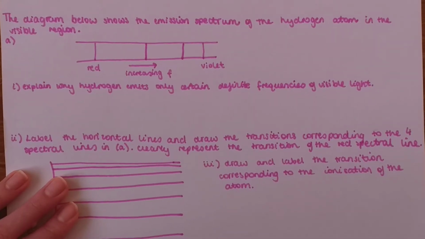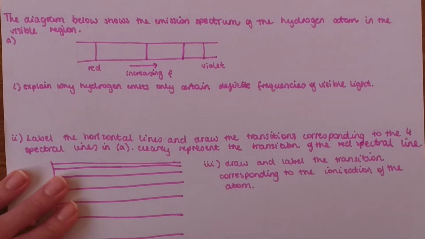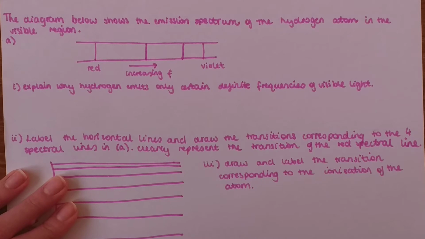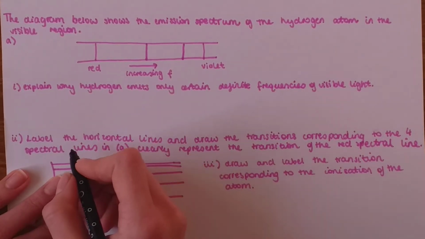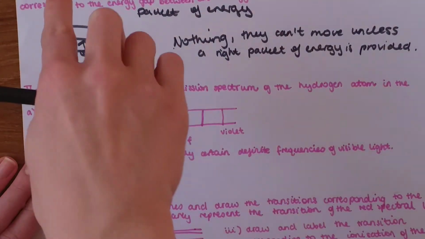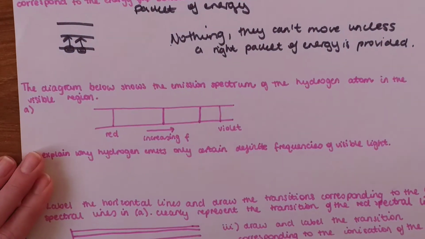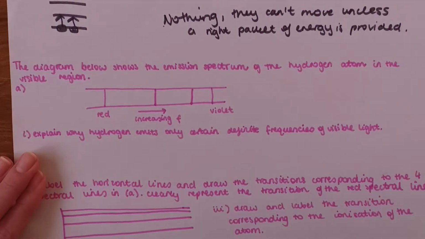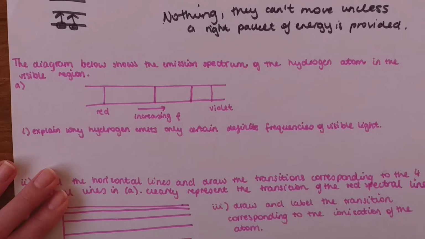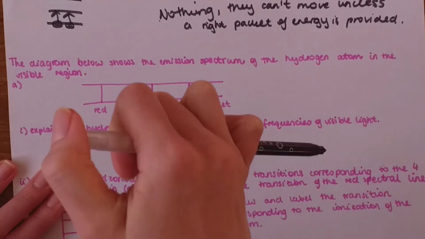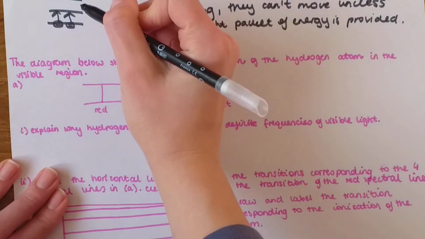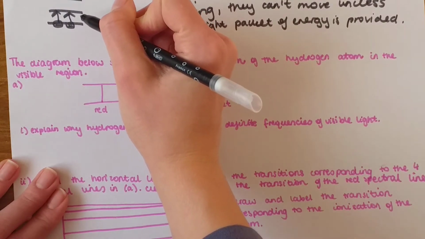So our next question: the diagram below shows the emission spectrum of the hydrogen atom in the visible region. Explain why hydrogen emits only certain definite frequencies of visible light. So when an electron goes up, it needs that exact amount of energy to move.